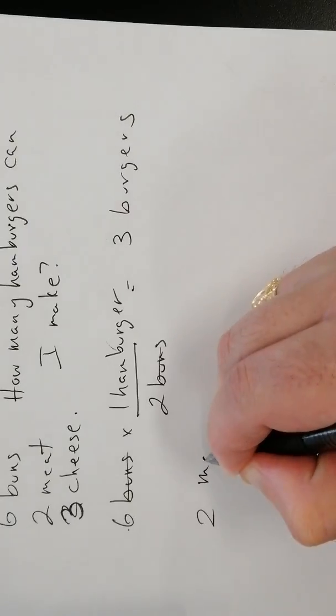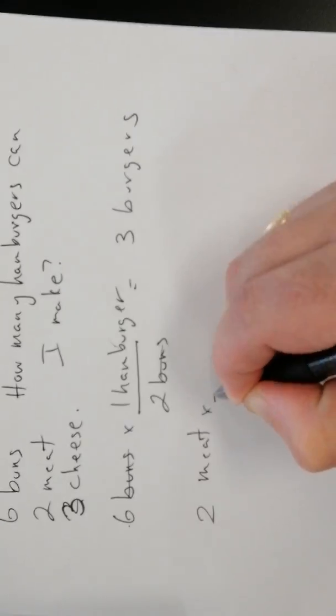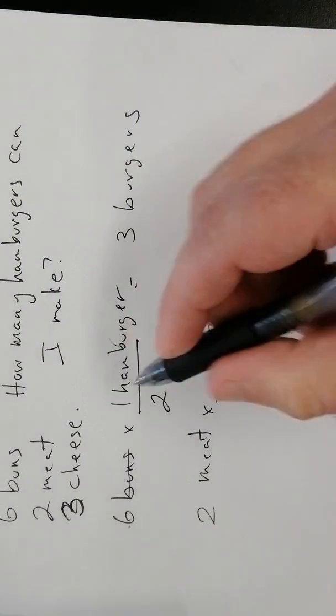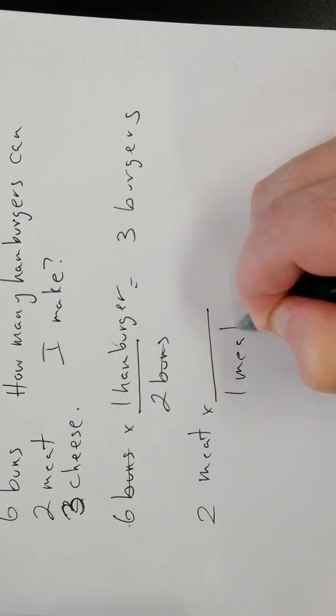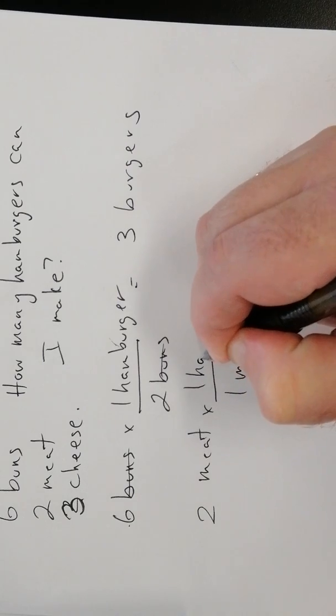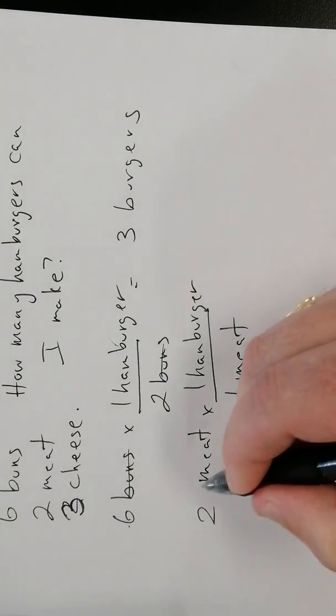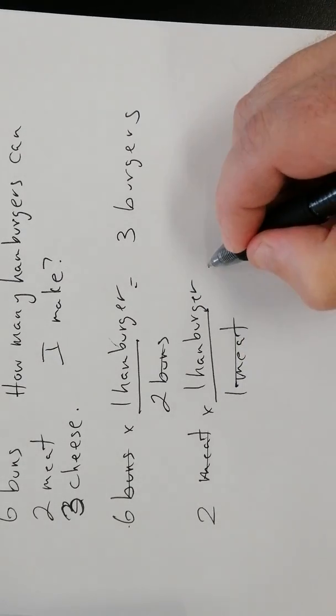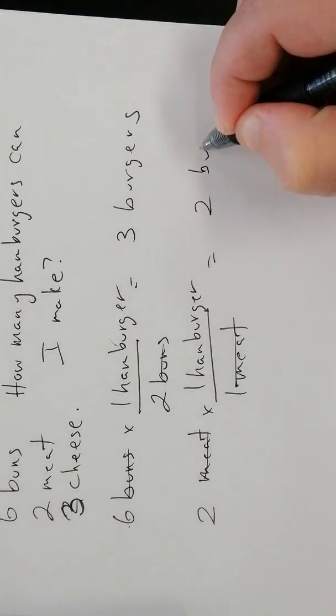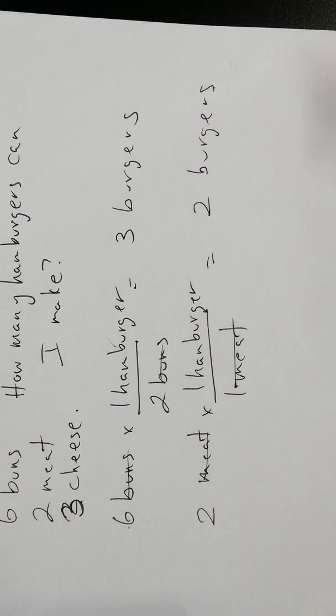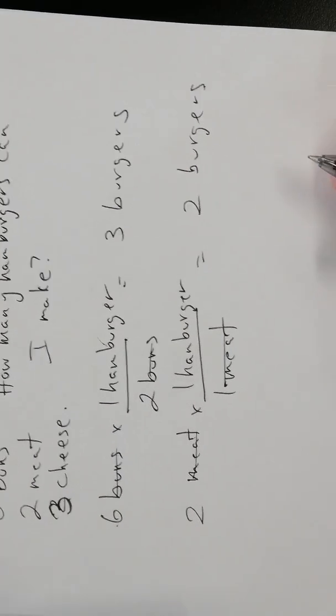2 meat times, my equation tells me I need 1 meat for 1 hamburger. So meat cancels, I'm left with hamburger, so that tells me I can make 2 burgers. If I have 2 meat, I can make 2 burgers.